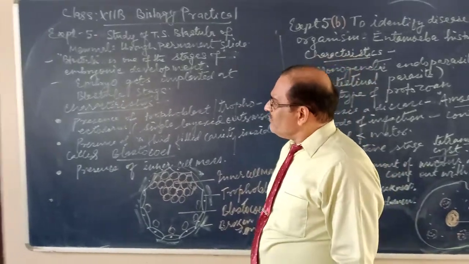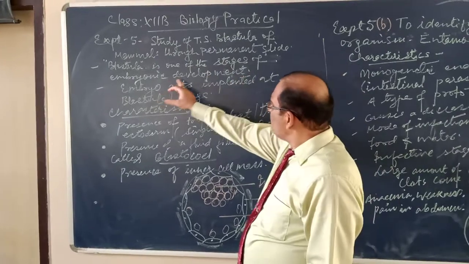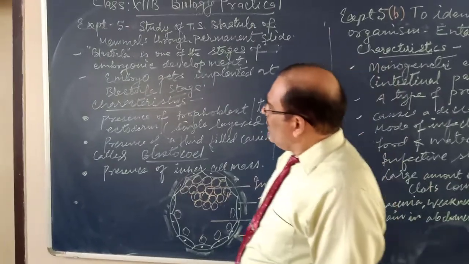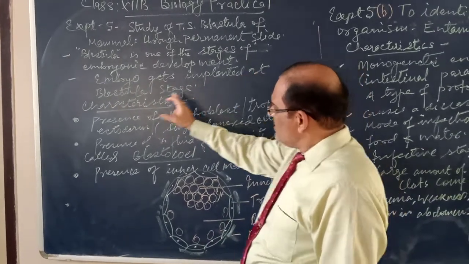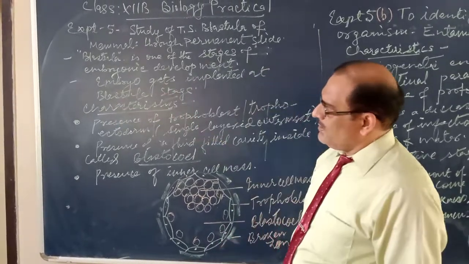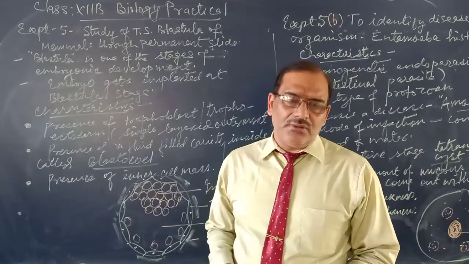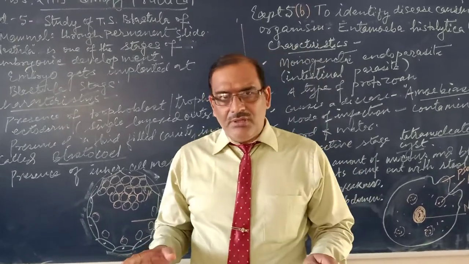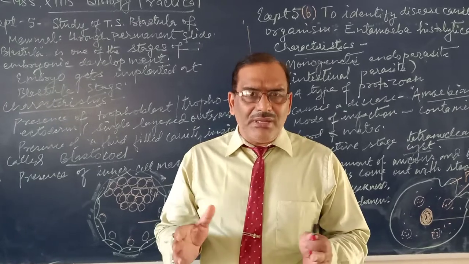We know that blastula is one of the stages of embryonic development in mammals. The embryo gets implanted at the blastula stage. There are stages like morula, blastula, gastrula. At the morula stage implantation cannot take place. The morula is also called the little mulberry stage.